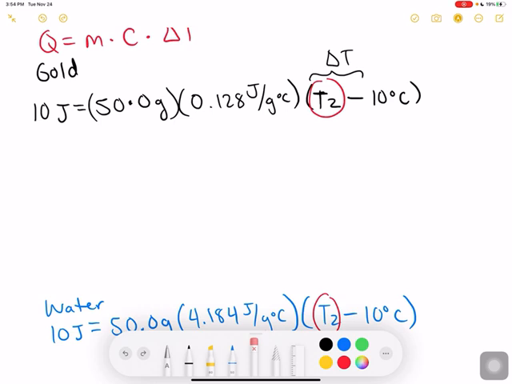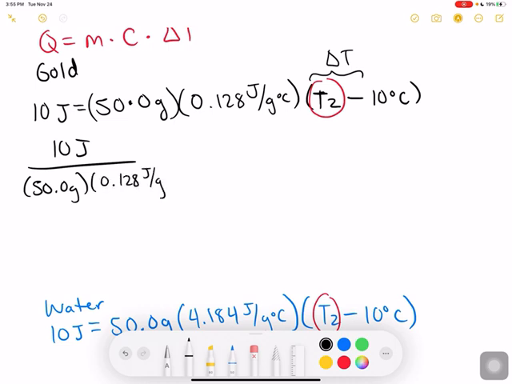Everything that's multiplying over here is going to go dividing to the other side. So 10 joules divided by 50.0 grams, and that's also being divided by 0.128, the specific heat. Everything's multiplying, and all I have left on the right side is going to be T2 minus 10 degrees Celsius.